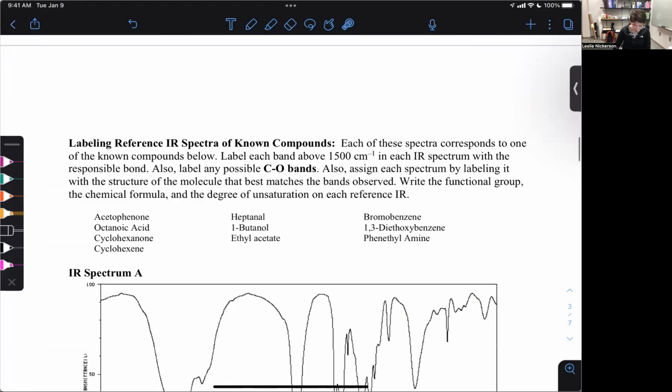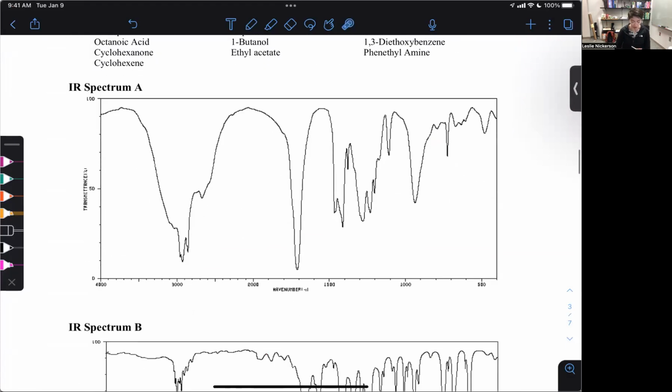So I just want to go through a couple of examples. So these are the IR spectra that are in your lab manual. So I'm just going to kind of go through how I would look at these, and how much time I would spend, I think, is kind of one of the key things. So first thing, I kind of go left to right here. So I'm going to start with this big peak over here.